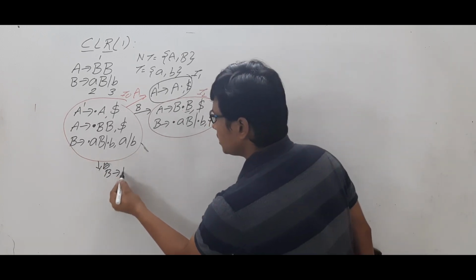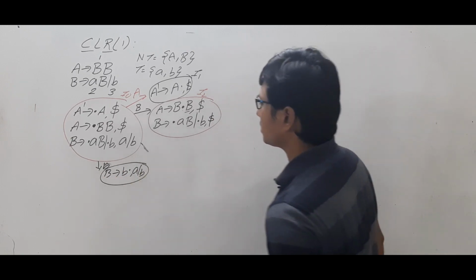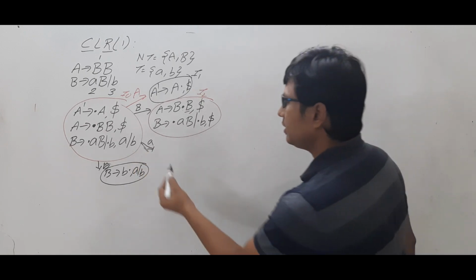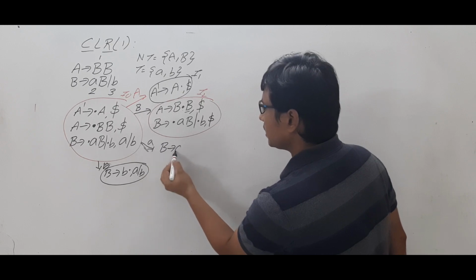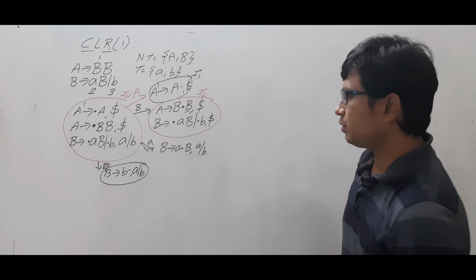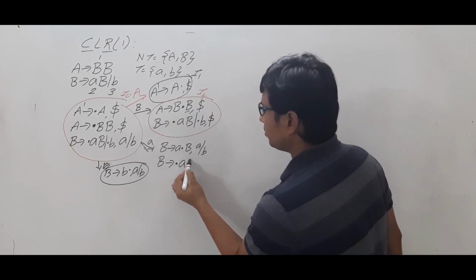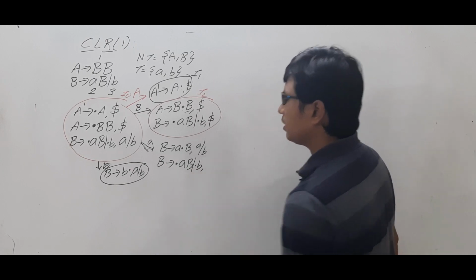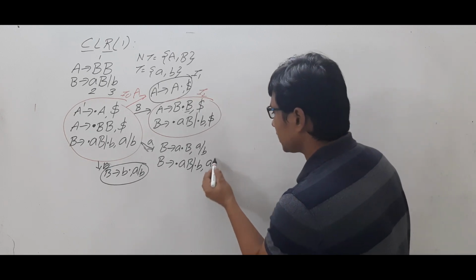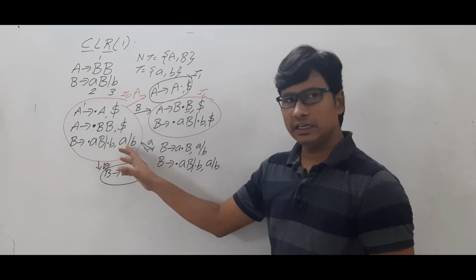On small a it will be B determines A dot B, comma A comma B. Now again you need to compute the closure of B, which is A, B or B. Now you need to compute the first of this one, which is A or B, meaning that you can get A or you can get B. I can write it as two productions.